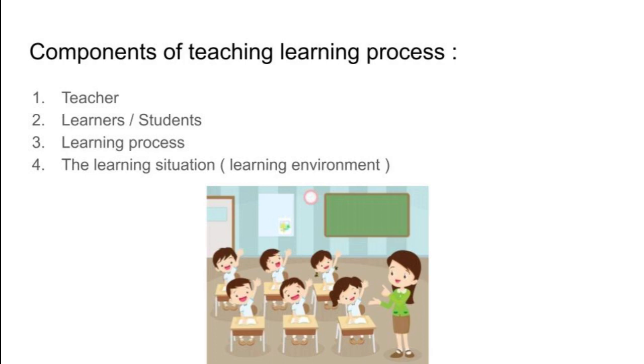That means the learning process is also most important, and the third component is learning process. When the learning process is going on, automatically the environment which is the learning environment develops in the classroom, that is known as the learning situation.